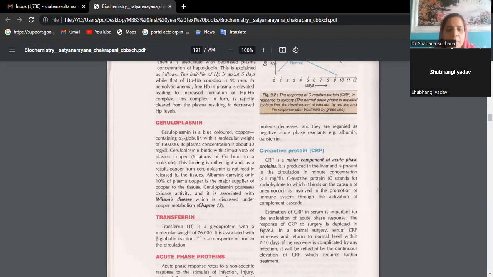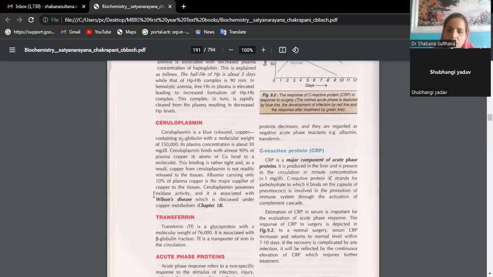Ceruloplasmin binds with almost 90% of plasma copper. So it is very tight and it is not easily released in tissues. Albumin is carrying only 10% of copper, whereas ceruloplasmin carries 90% of copper.